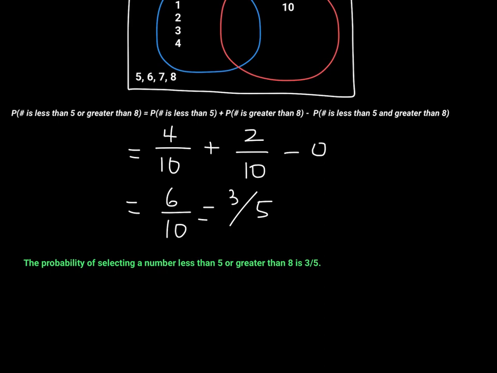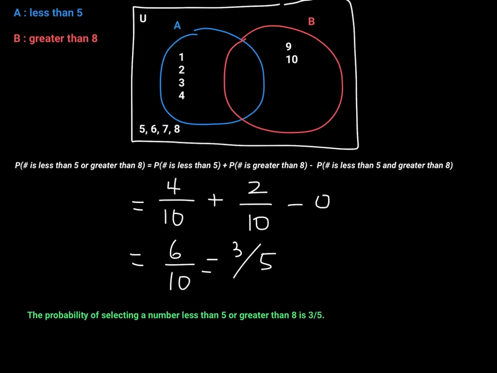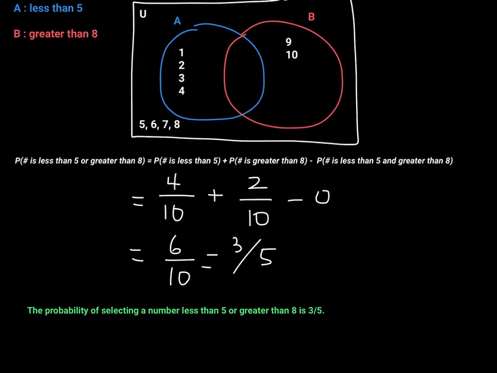Let's have a definition of what we mean by mutually exclusive. Before I actually state the definition, I want us to look at this previous example. It is impossible for both of these events to happen simultaneously. It is impossible for a number to be less than 5 and greater than 8 at the same time, right?